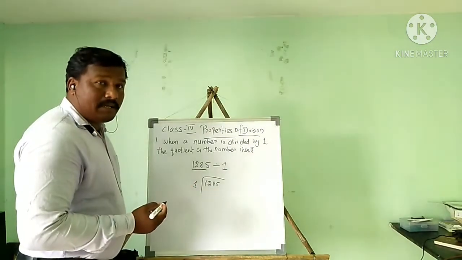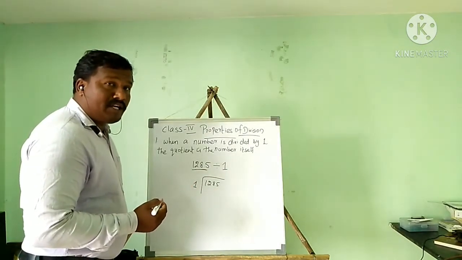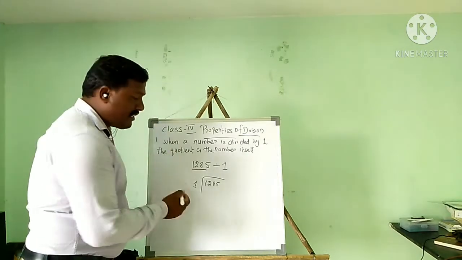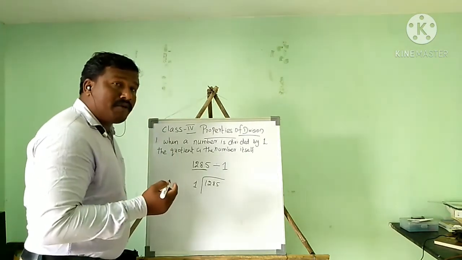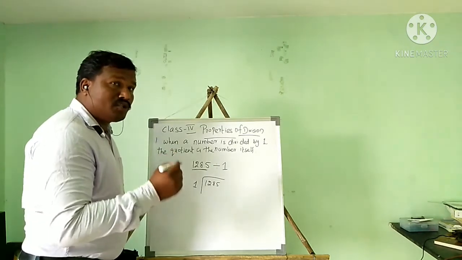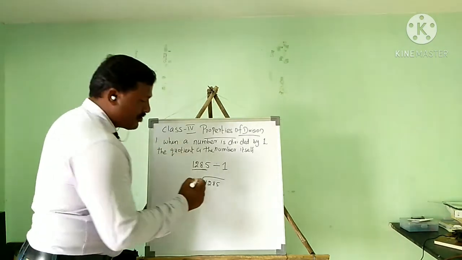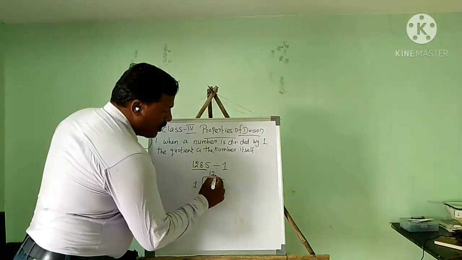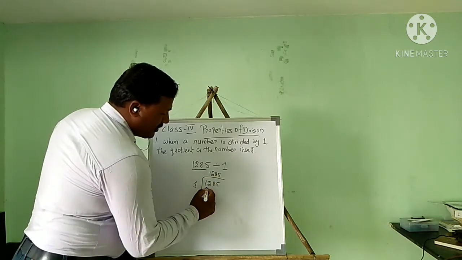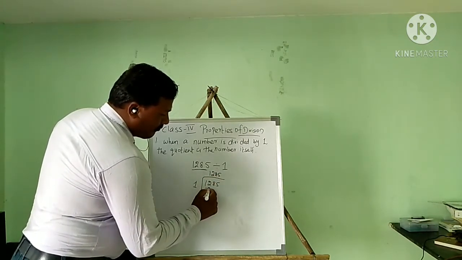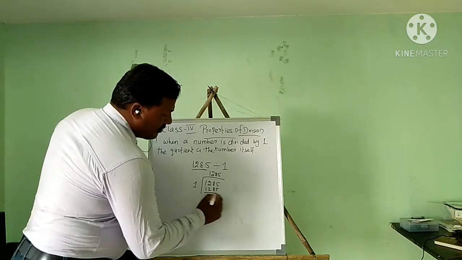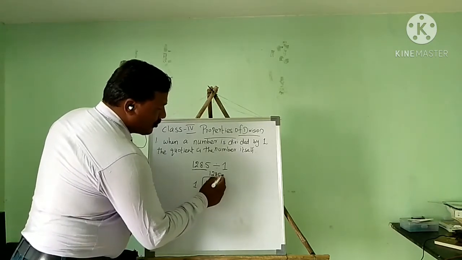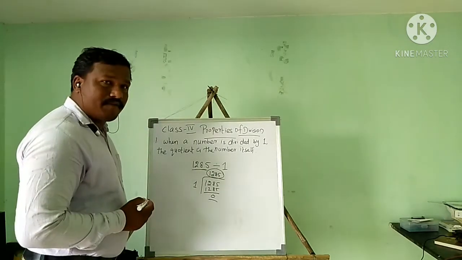We want to find out how many ones are there in this number. 1285 ones are there. So the quotient is the number itself.